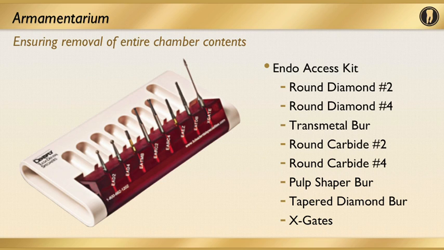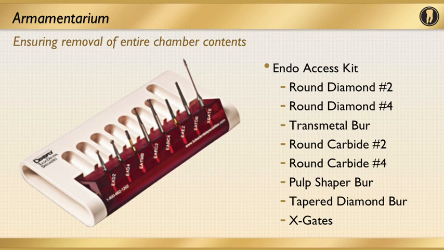There are a number of these kits available on the market. The Endodontic Access Kit is a way that we can collect the necessary instruments to provide us with adequate posterior access. You'll notice all of the instrumentation we spoke of is available within the Endodontic Access Kit for quick reference and for quick utilization.